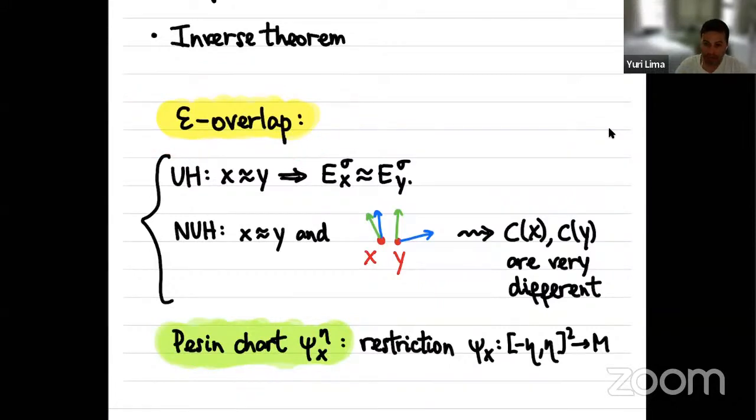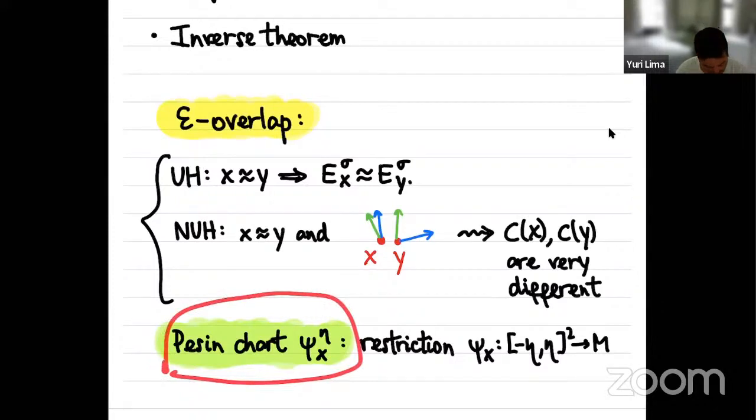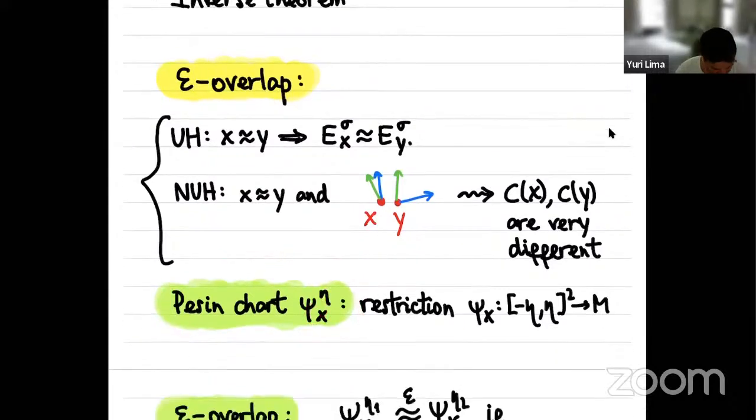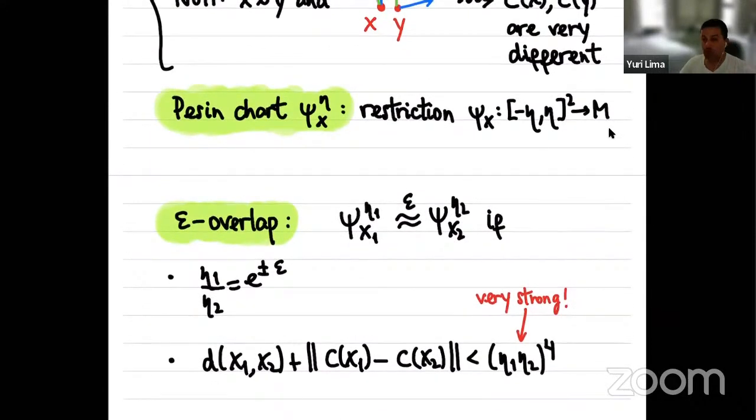Okay, so epsilon overlap will actually be a property of two passing charts. We are going to say when two passing charts have an epsilon overlap. So it's not only a property of the centers of the charts, but also of their scales. And when do we say that two passing charts epsilon overlap?